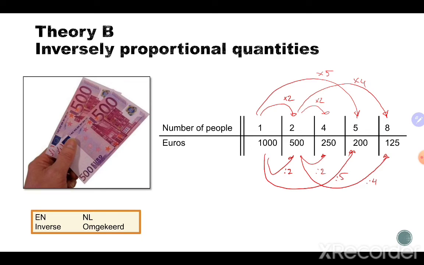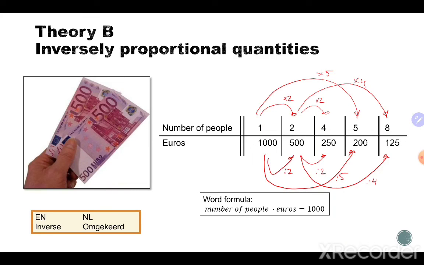Now, to create a formula from this table, it needs to be together always 1,000 euros. If I had one person who gets 1,000, 1 times 1,000 is 1,000. If I had 2 people who get 500 euros, 2 times 500 is again 1,000. 4 times 250 is 1,000. 5 times 200 is 1,000. 8 times 125 is 1,000.